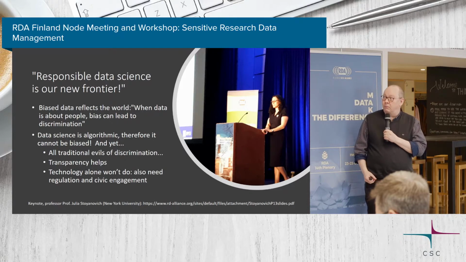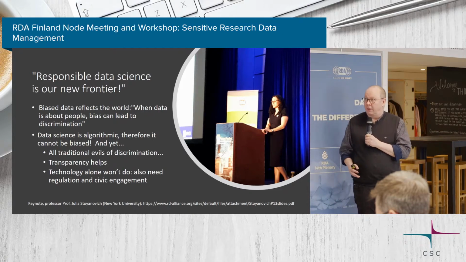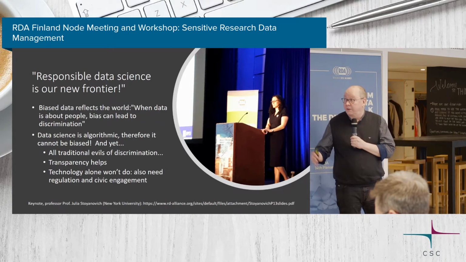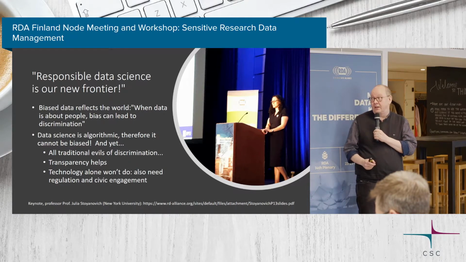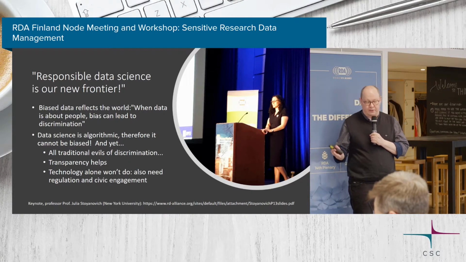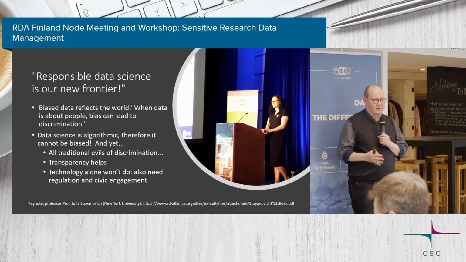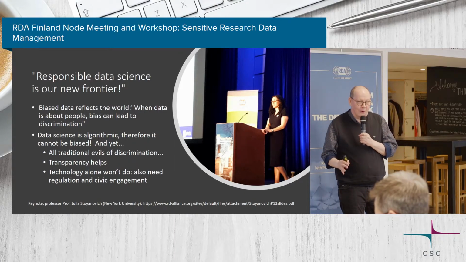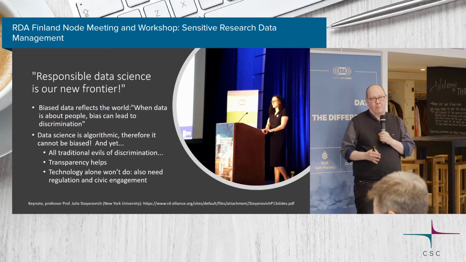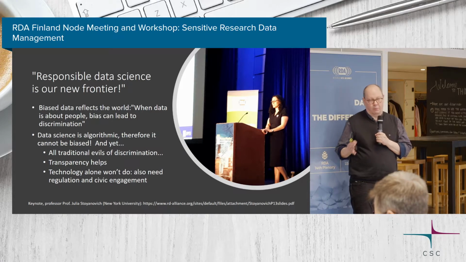Well, she told that biased data reflects the world. When the data is about people, bias can lead to discrimination. So even if data science is such a technological thing, it's not free from these kinds of real world problems.